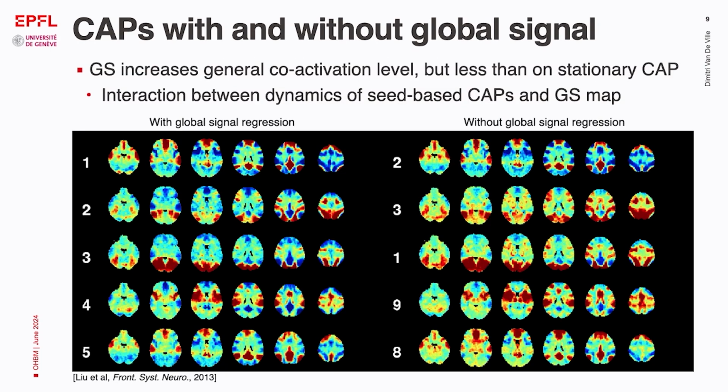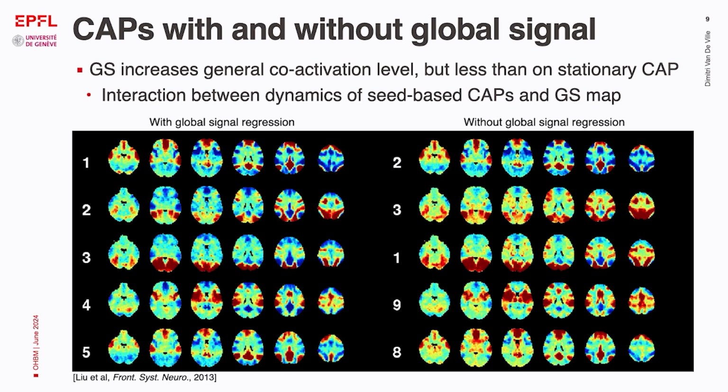And in this case, if you now compare with and without global signal regression, well, there is still, let's say, an increase in the coactivation level as you would expect, but it's not as striking as you have it on the stationary CAP. This already alludes that the interaction between the dynamics of some seed-based CAPs and the global signal might actually be more complicated than the stationary view would suggest. I'm coming back to that a bit later too.